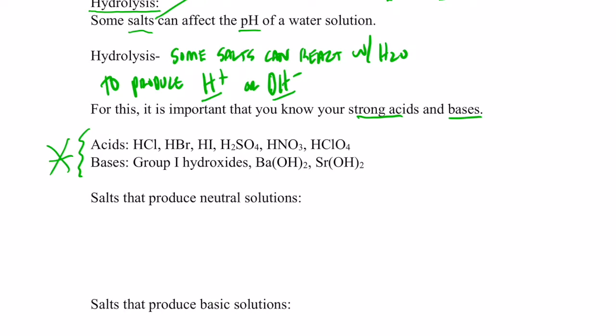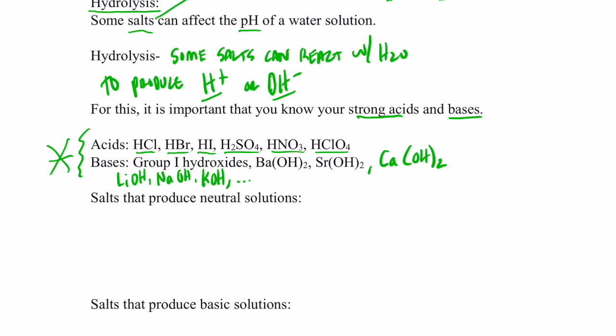Your strong acids are hydrochloric, hydrobromic, hydriodic, sulfuric, nitric, and perchloric. Your strong bases are the group 1 hydroxides, which include, of course, lithium hydroxide, sodium hydroxide, potassium hydroxide, and so on, along with barium hydroxide, strontium hydroxide, and we're going to include calcium hydroxide.